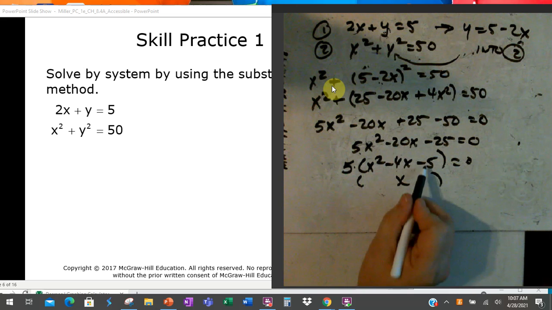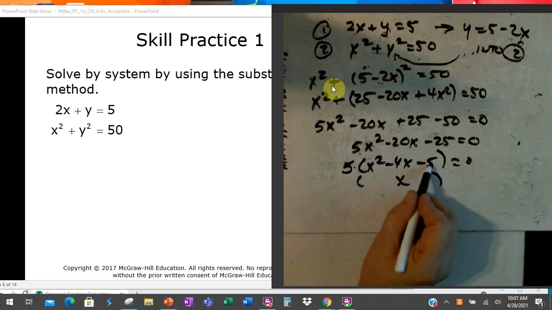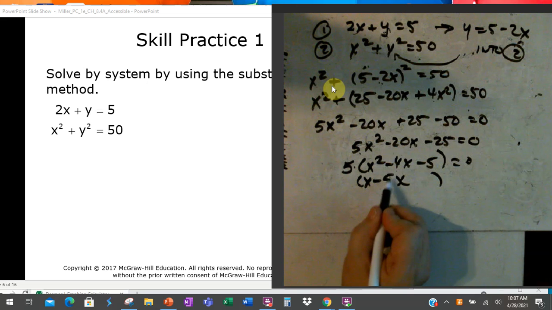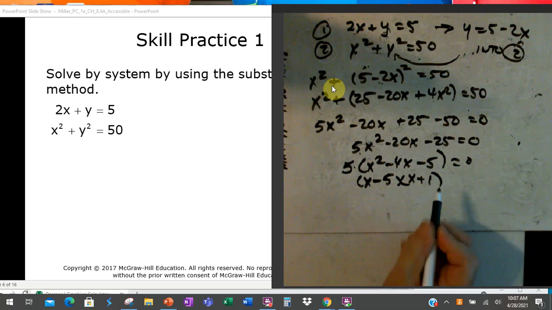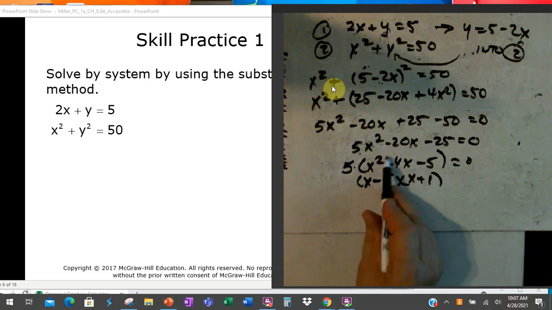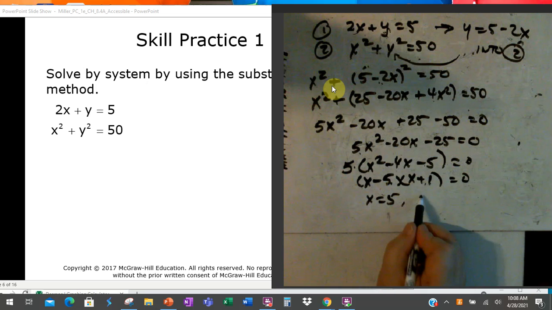This piece, 2 factors of 5. Can I get this number? And I can, 5 and 1, with the sign of the largest being 5, then x plus 1, x squared plus x and minus 5x gives me the negative 4x and then the negative 5. So x is equal to 5 or x is equal to negative 1.